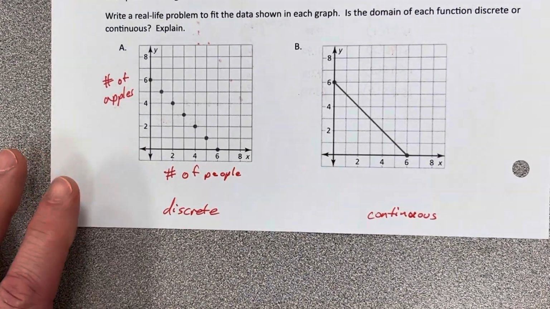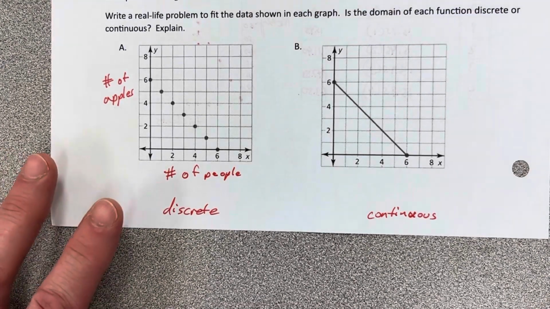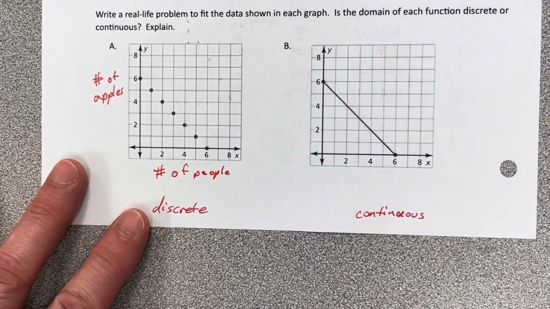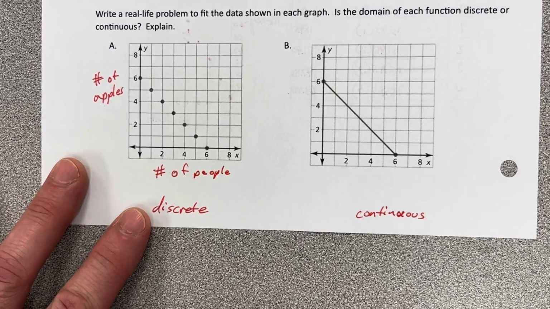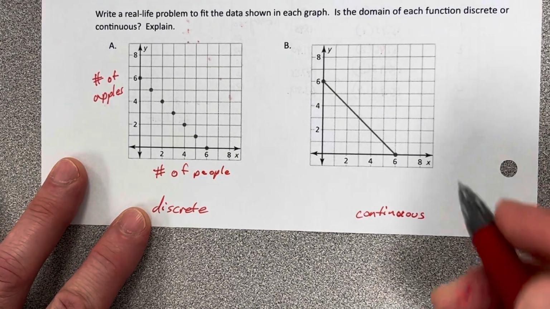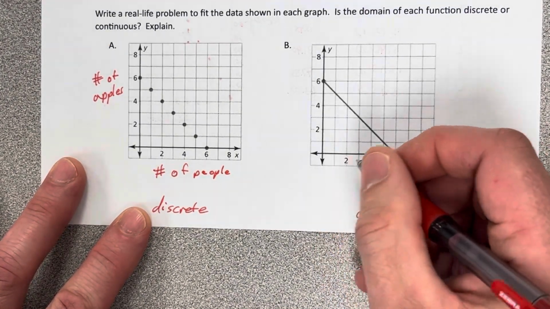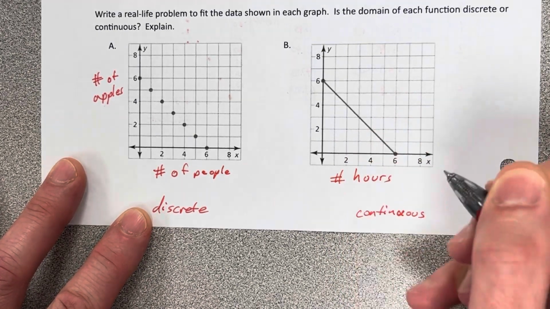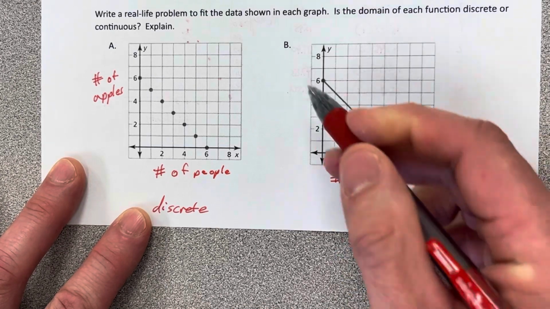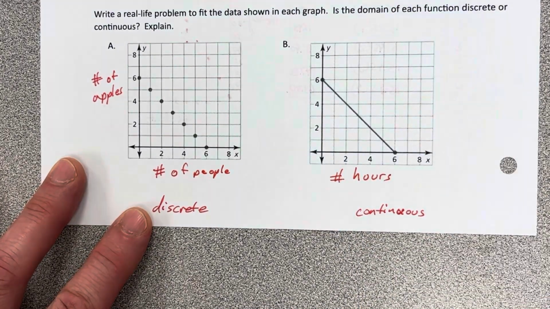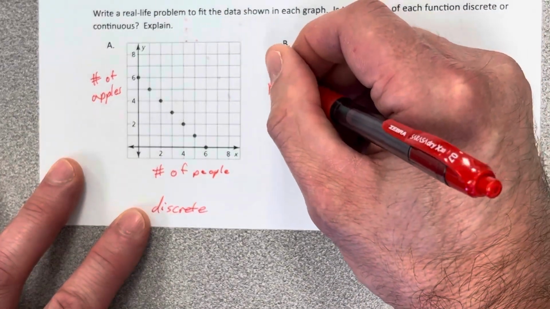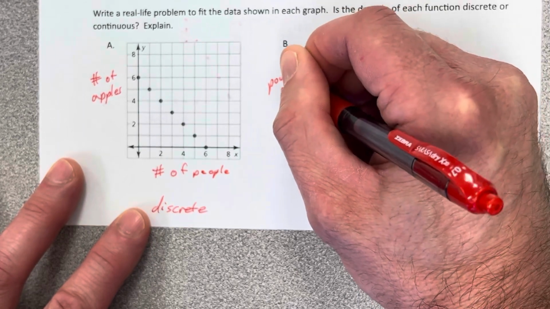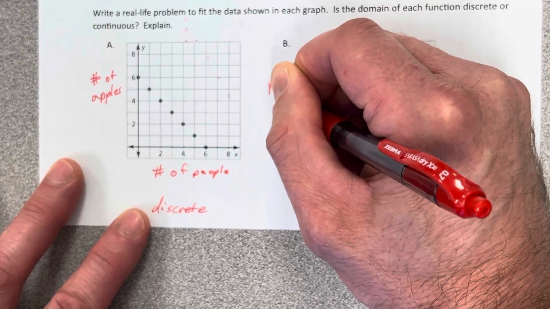But then if we wanted to think of maybe like you're making pies or something like that, what you could think of for continuous stuff is like time. You could do number of hours. And then maybe there's like apples on a tree. Or no, that doesn't make sense. There could be like pounds of apples. Pounds of apples.